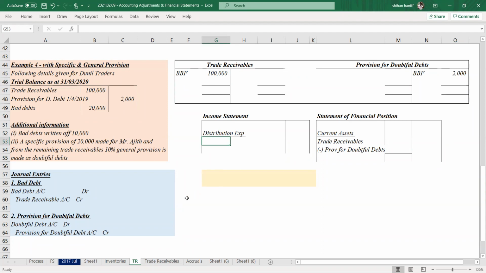Then there is a bad debt 10,000, 20,000 plus 10,000, 30,000. So bad debt, trade receivable credit.